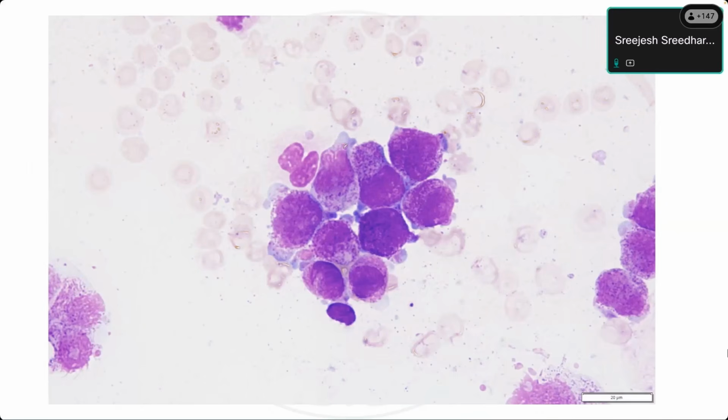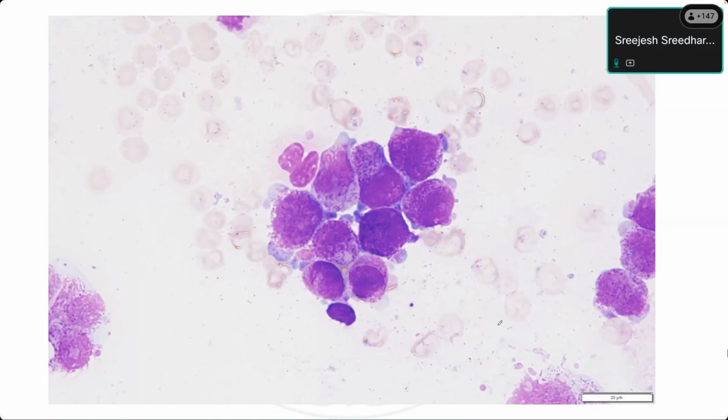What about this? Hypergranular. Somebody clearly, please, Sharavanan or Swati, somebody please. It's hypergranular. This is also APML, right? Hypergranular APML. So you call it APML, but you can have varied morphology.